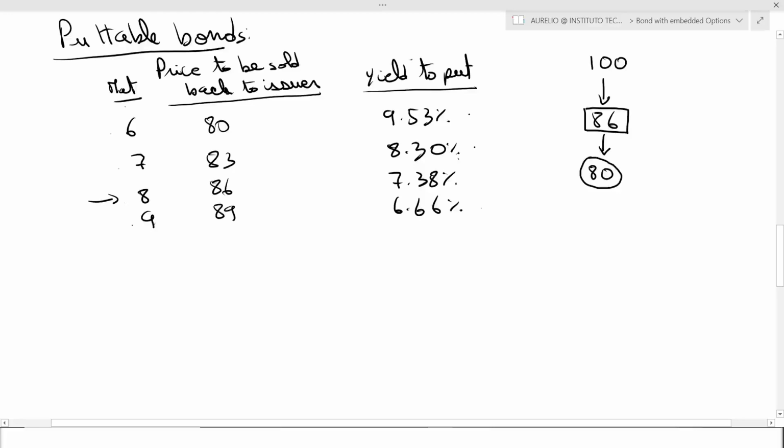Now, the next thing he's going to do is the following. This bond was paying a coupon of 5%. So what he could do instead is take his money and buy some new bonds, maybe of a similar company, that would be paying a coupon of 7.38%, because this would be the yield to maturity.